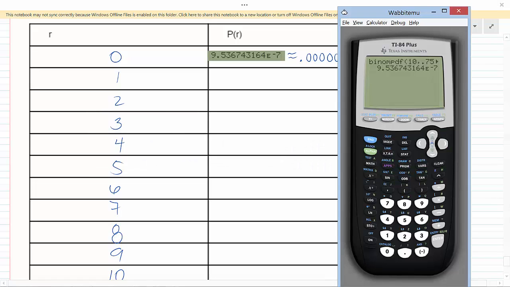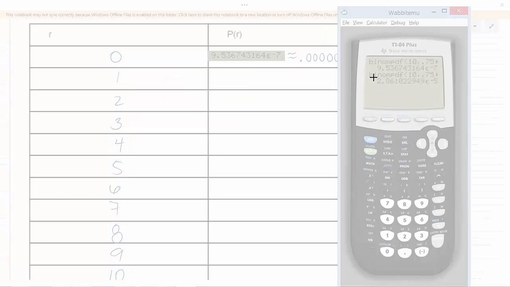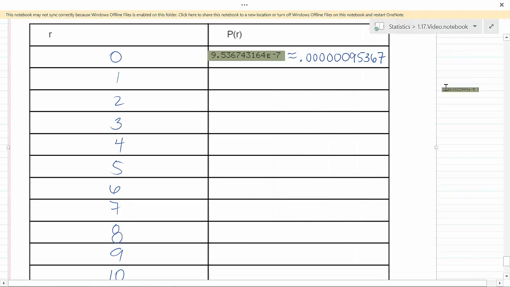Now let's do it for 1. So second vars, alpha A. Luckily that stuff's all in there, and I'm just going to change this to 1. And I get another number in scientific notation, and again I'm going to have to convert that. When I'm talking about the conversions here, I'm not converting to percents, I'm just converting to standard notation.